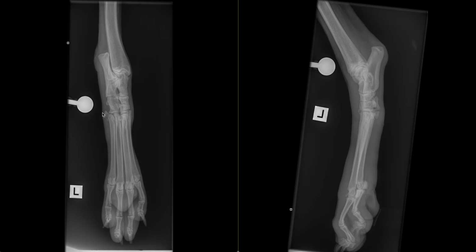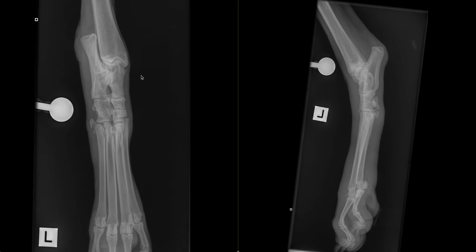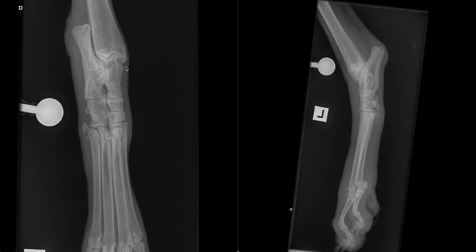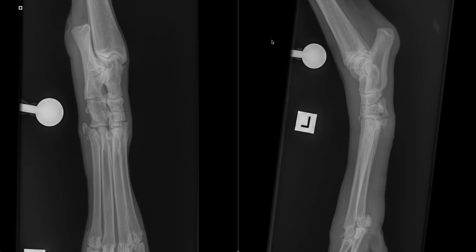A small, well-defined semicircular mineral opacity is observed along the medial malleolus of the left tibia. It has a smooth distal contour and a sharp, well-defined proximal contour. A small spur is seen over the adjacent medial malleolus. The medial aspect of the left tibiotarsal joint is mildly widened in the neutral position.